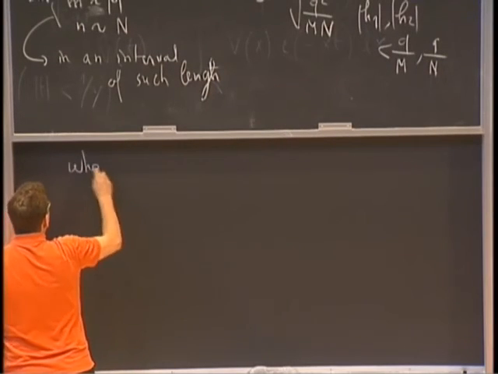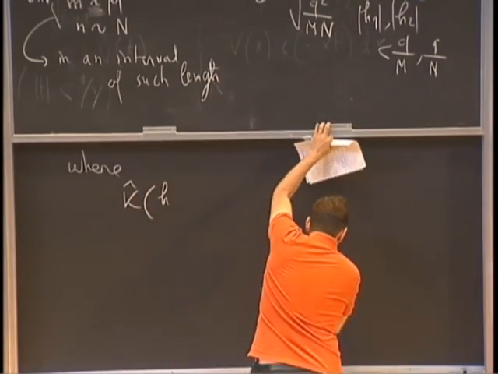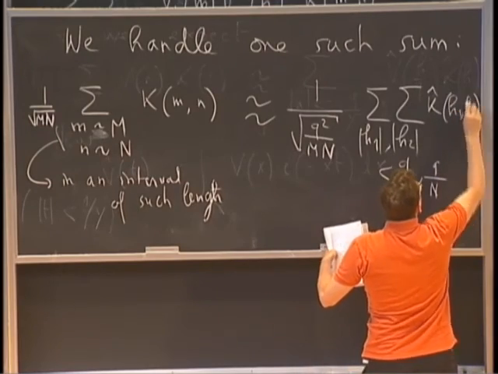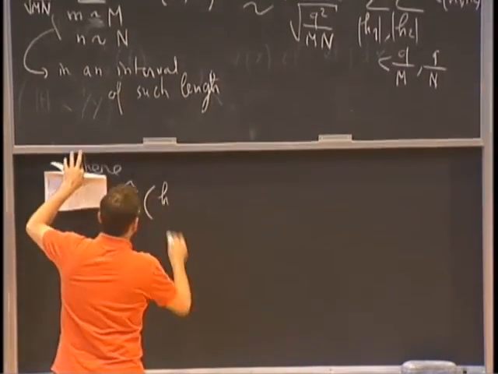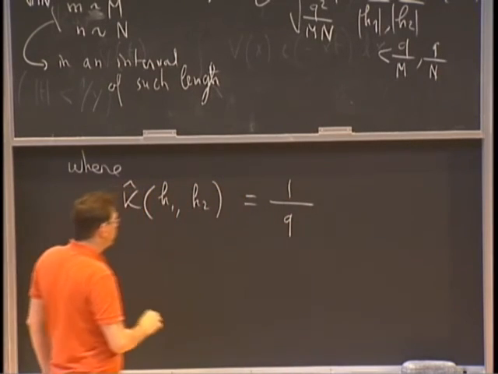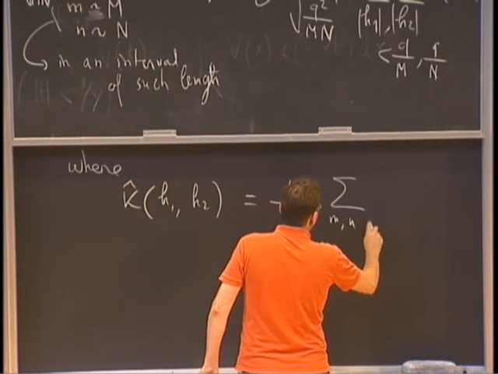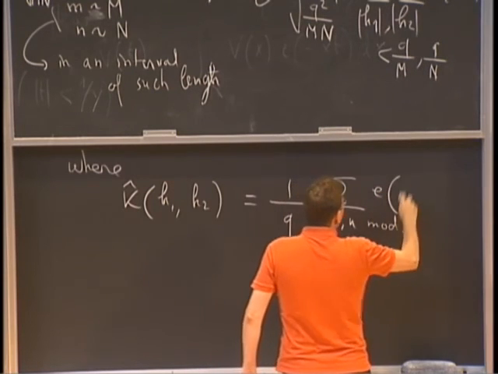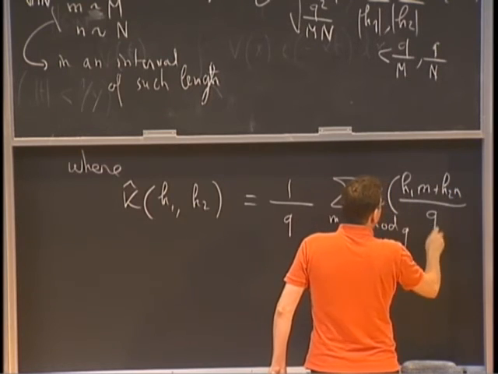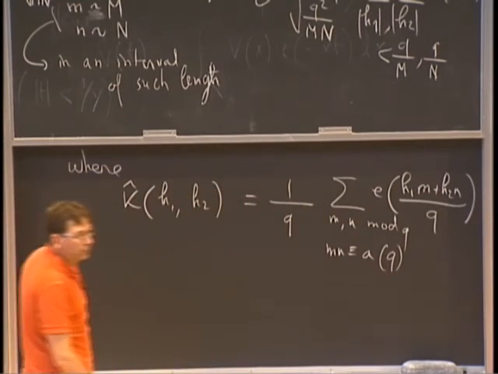Okay, so what is k hat of h1, h2? Well, by normalization, it's 1 over q. There are two variables, so k is equal to 2. Sum over m and n, mod q, of e of (h1 m plus h2 n) over q, where mn is congruent to a mod q.